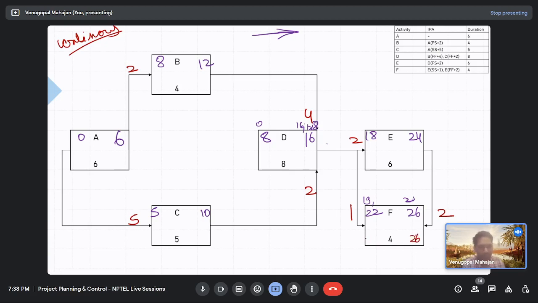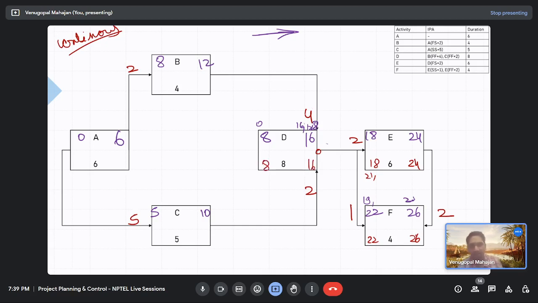One backward arrow. So 26 minus 4, 22. What about this? 26. 26 minus 2, 24. And this would be 2 arrows. 22 minus 1, 21, or 24 minus 6, 18. You have to take minimum values, right? So one backward arrow in this case. 18 minus 2, 16.